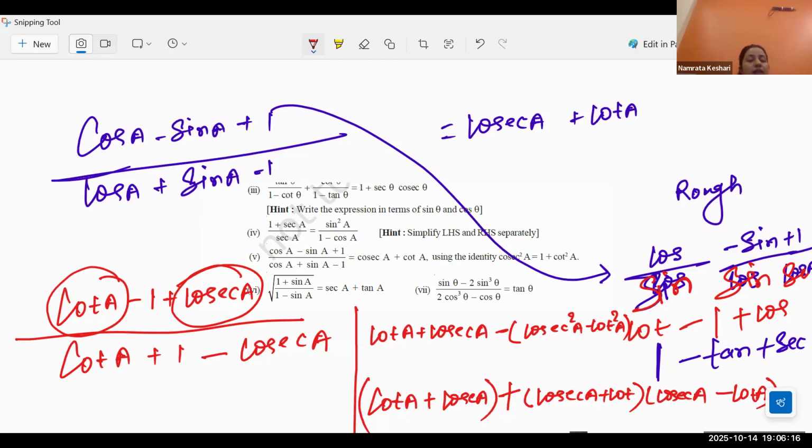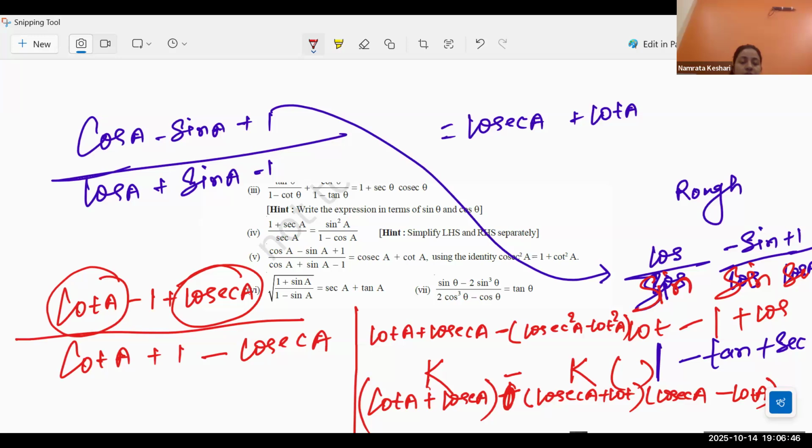If that logic is not clear to you, you can assume that cot a plus cosec is k. Completely k, and here you are having k into something. Now you will be able to see that k is the common factor. The moment you take out k as a common factor and open the bracket, you will be getting the remaining part which will cancel out the denominator. You are done with the proof. Clear?